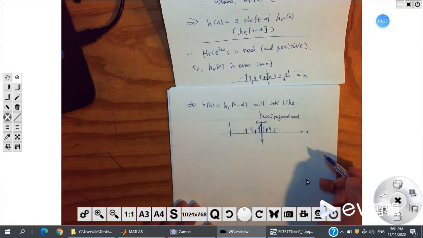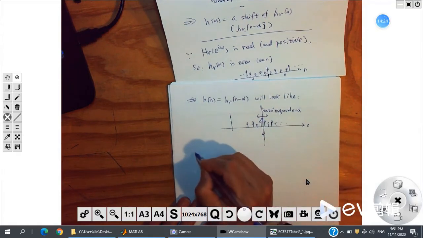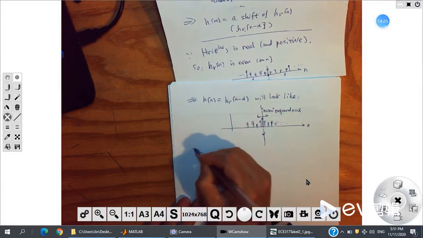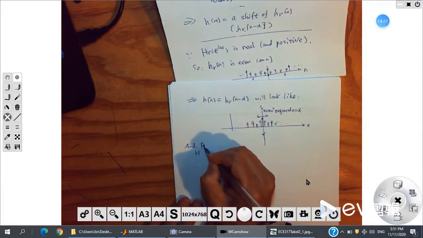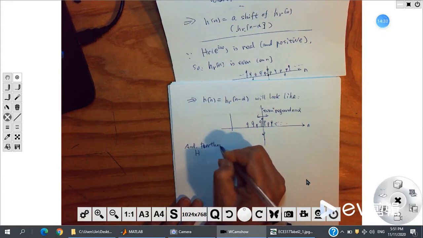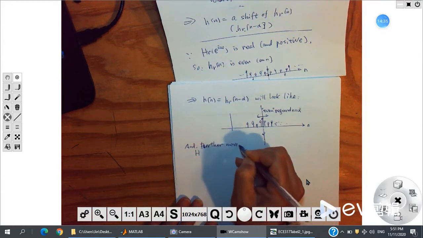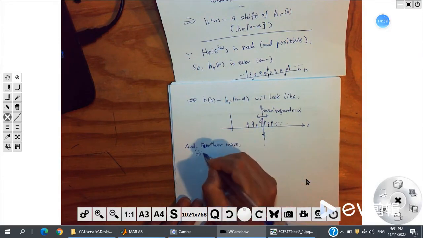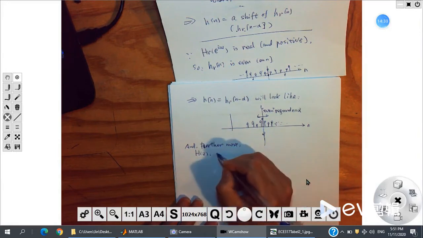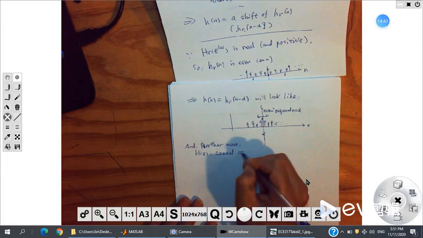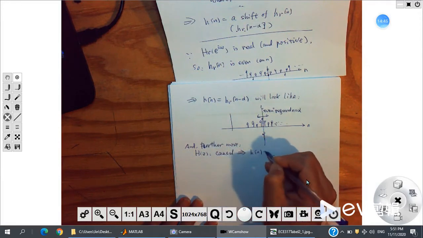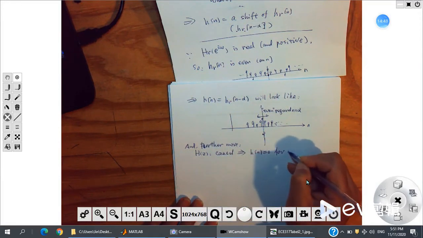Yeah. And also we know h of z is causal. That means hn will equal 0 for n smaller than 0, right?